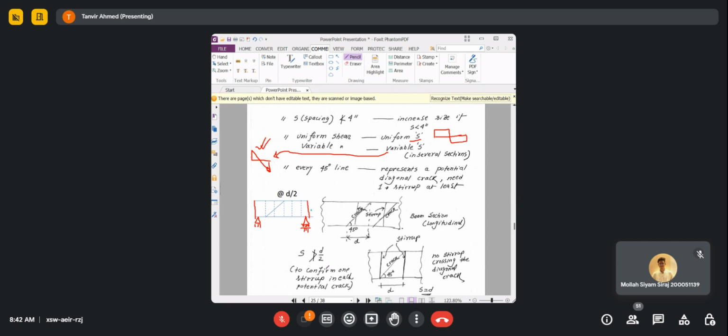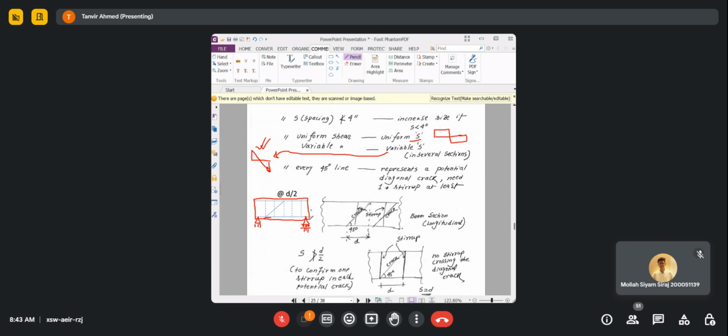This is simply, if you think that your crack is at 45 degrees, and if the stirrup you are providing, say for example this is the stirrup, the beam will have a little bit higher depth than the stirrups, obviously, to allow the cover for the stirrups and the longitudinal reinforcement.